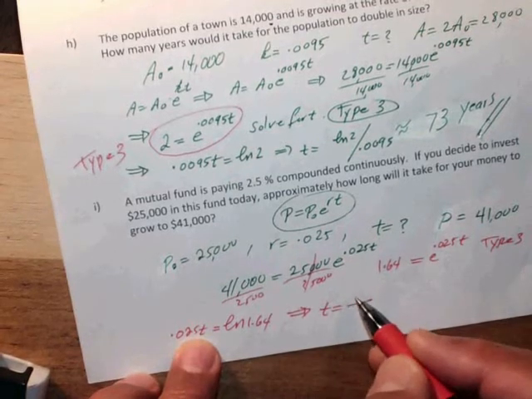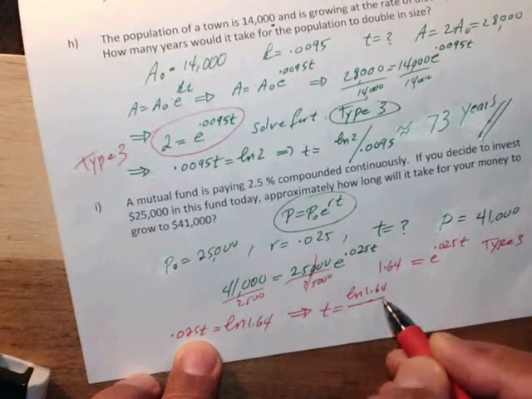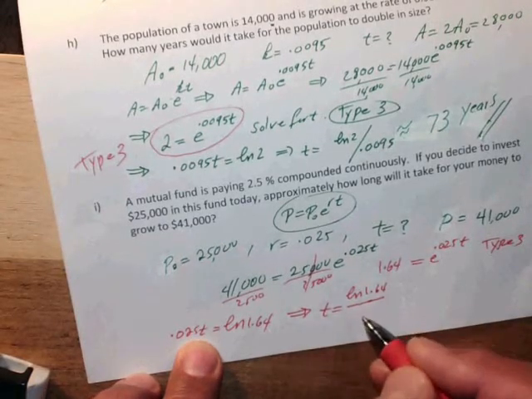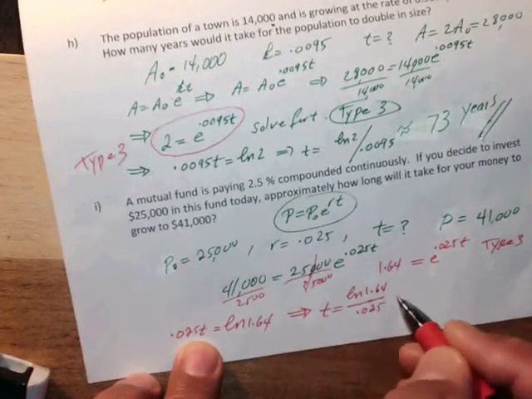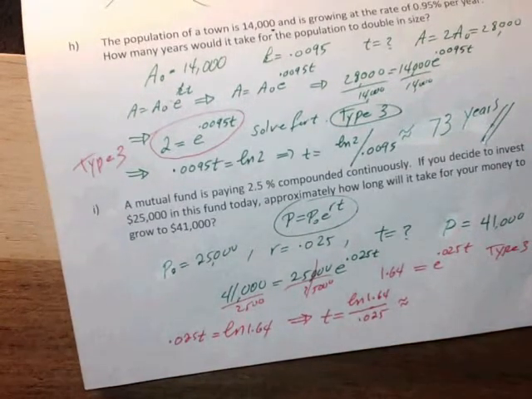So t is equal to, divide both sides by 0.025, so you get t equal to ln of 1.64 divided by 0.025. So see how much that is.